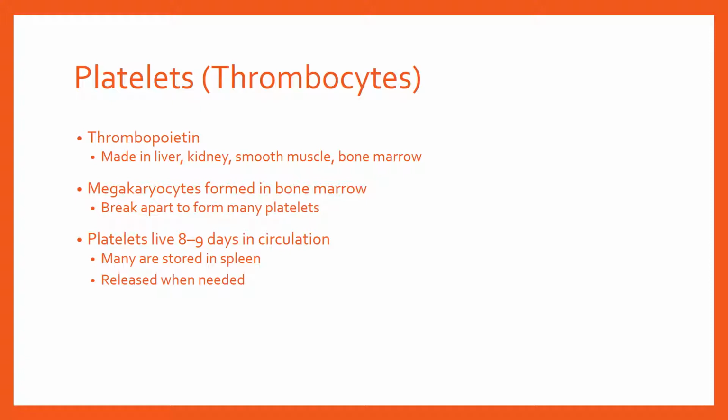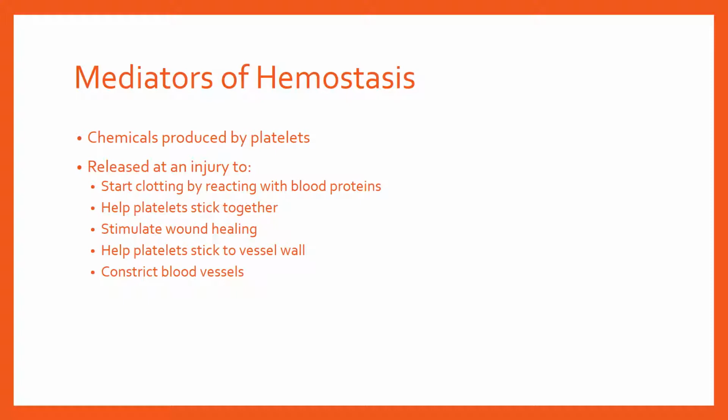Platelets aren't as long-lived as red blood cells; platelets live only 8 to 9 days in circulation. And when we are in a state of crisis and need more platelets, and production will take some time, the good news is that there are lots of platelets stored in the spleen, and when there is a need, the platelets will be released.